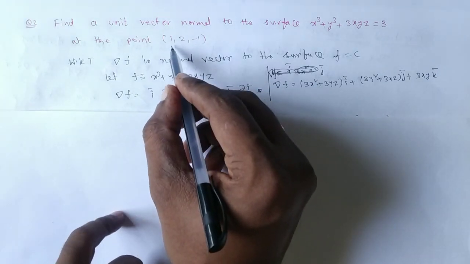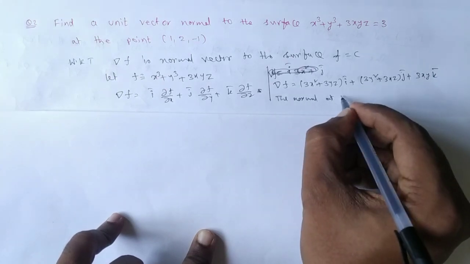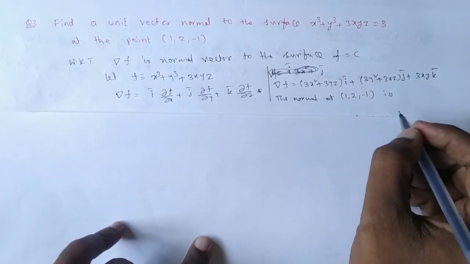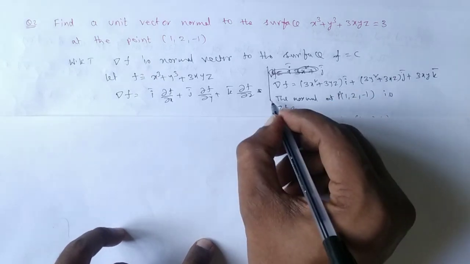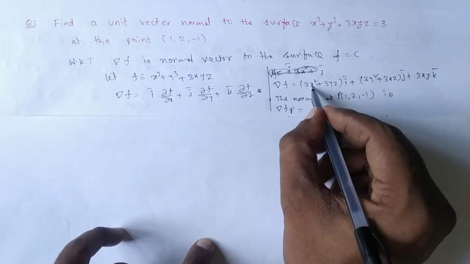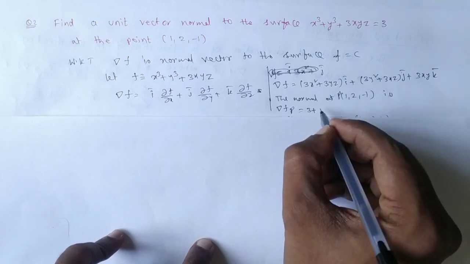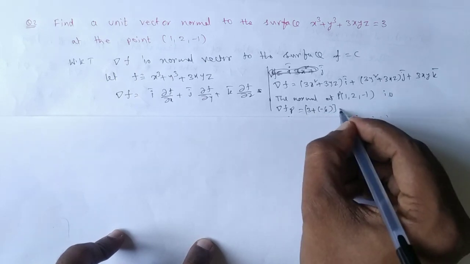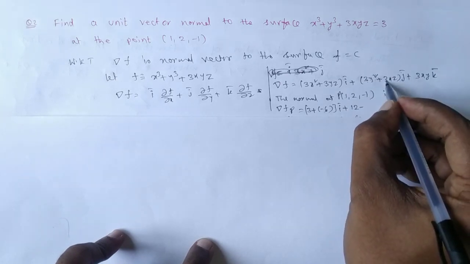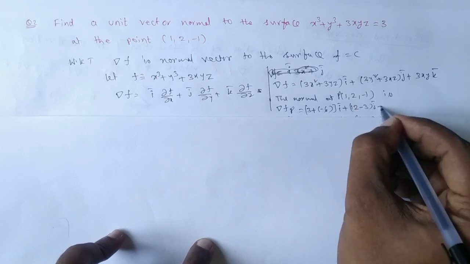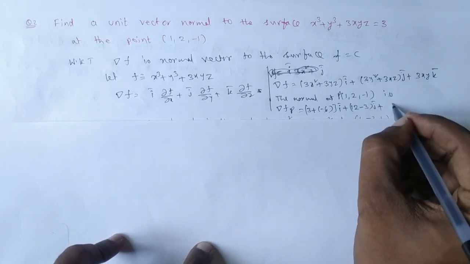Suppose you want to find the normal vector at 1, 2, minus 1, so the normal at that point P is grad f at P. Substituting here, it is 3 times 1, 3, plus 6 minus 6, multiplied by i bar, plus 3y square, y square is 4, 12, minus 3 into 1, and minus 3 into z bar, plus 3xy, that is 3 into 2, that is 6 k bar.